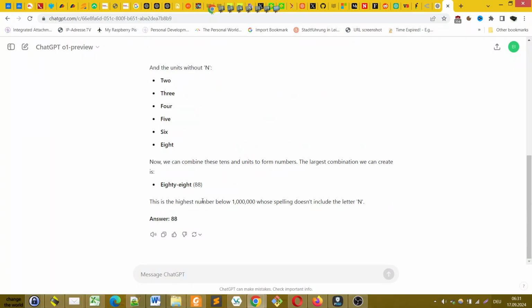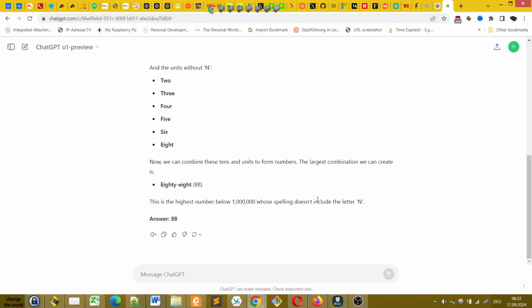Here it says 88, the highest number below 1 million whose spelling doesn't include the letter N. This was more plausible, and I'm surprised that it didn't pull up 80 as a valid answer in the new answer it came up with this more creative answer, including myriad and so on. But yeah, okay. It's good to be reminded of the limitations of these models, and these are real demonstrations, so I'm not doing multiple takes or whatever, so you can actually see the way ChatGPT o1-preview performs.